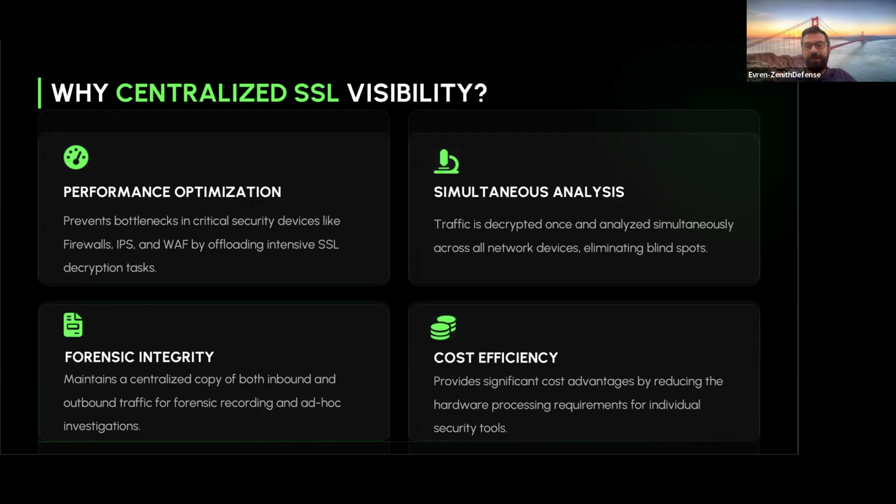That is the reason it is easier to decrypt the traffic somewhere, and after that feed all of the tools you are using in your topology. You can also send all of the traffic to forensic devices, or if you are using NDR, you can feed all of the information as clear text.